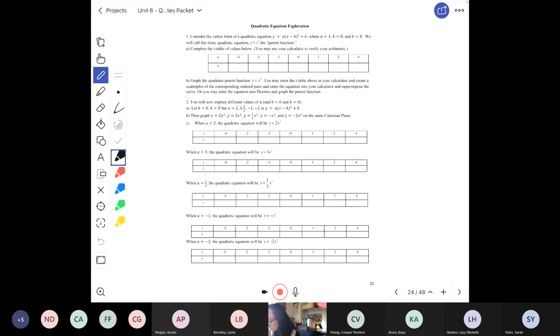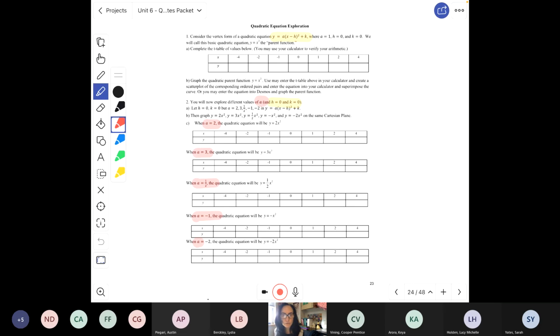So what I would like us to do now is look at the vertex form of the quadratic equation. And we're going to play with values of A for starters. So we're going to let H equal 0, K equal 0, and adjust A. So let A equal 2, A equal 3, A equal half, and then A equal -1 and -2.